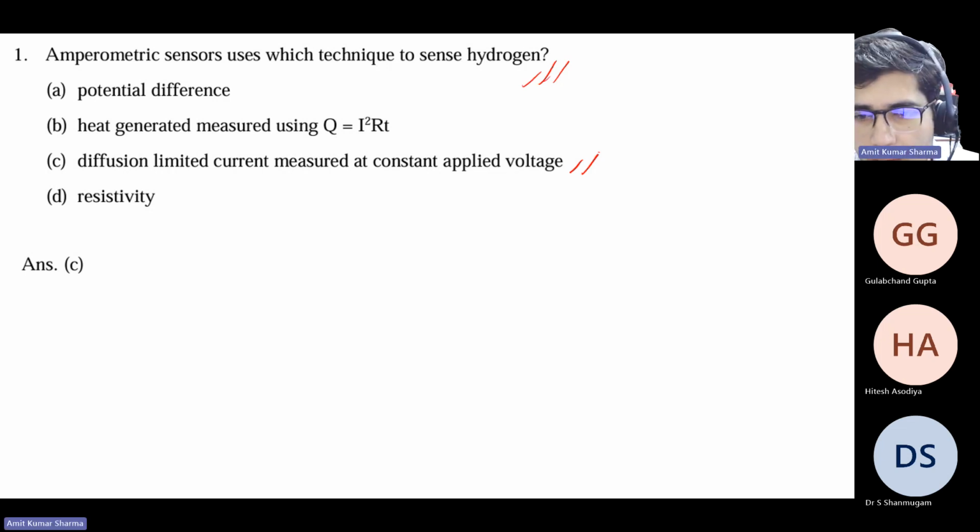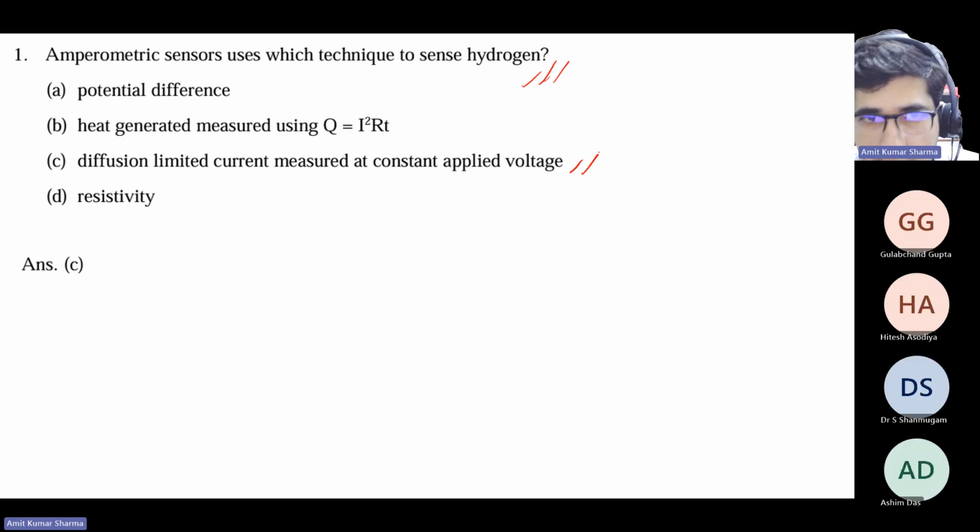So hydrogen sensors are very important because we know hydrogen is colorless and odorless, so it's very difficult to detect. Also, hydrogen has a very wide flammability range. Anybody remember the lower limit and upper limit?